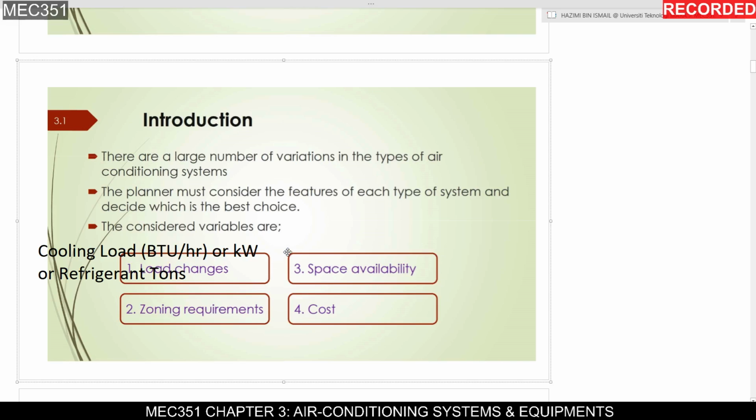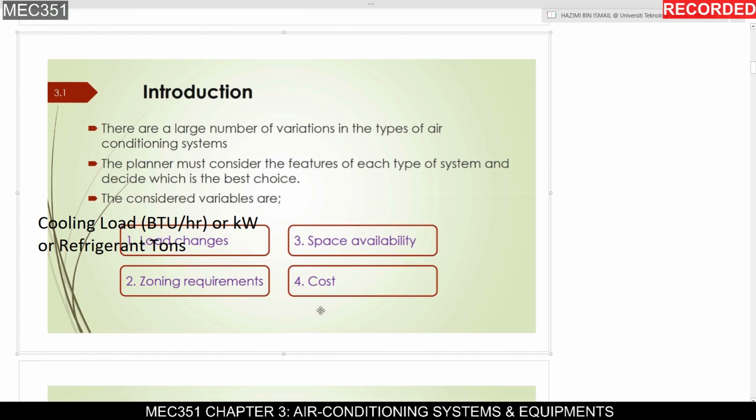So it is also one of the factors that you have to consider. And finally, we also have to consider the cost. Yes, as an engineer, cost is one of the constraints that you have to face every time you have to make a decision.